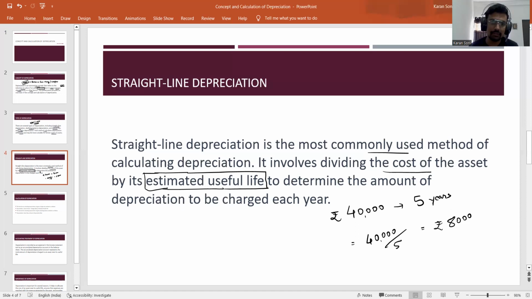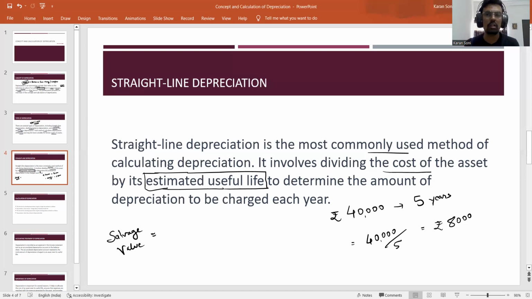I'll tell you something. Sometimes we have a salvage value of an asset. So what is this salvage value? It's very simple. I have this laptop and someone told me, my friend, whenever you go out to sell this laptop, you will get at least 4,000 rupees.